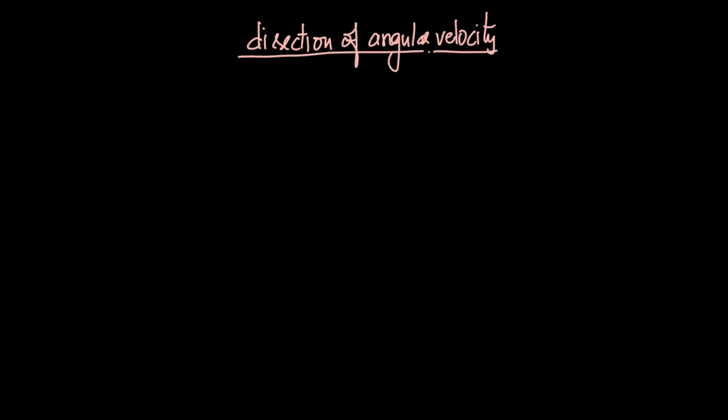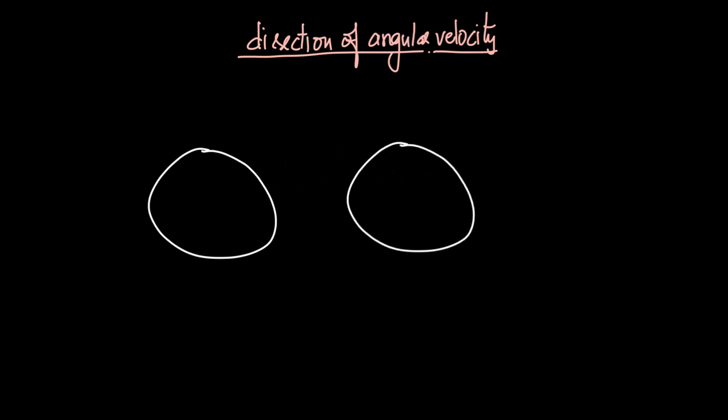How do we assume that? Let us see. So we have circular motion here, right? Let us see the direction of angular velocity versus that of linear velocity. That will make the concept even more clear.